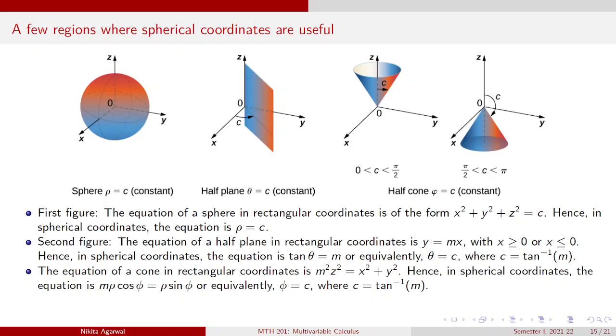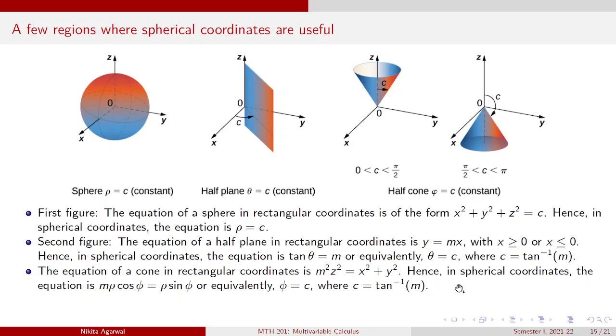Now the equation of a cone in rectangular coordinates is m square z square equal to x square plus y square. We saw it when we were talking about quadric surfaces. In spherical coordinates, z is rho cos phi and x square plus y square is rho square sine square phi. So you put everything here, and this takes you to m equal to tan phi, or phi equal to c, where c is tan inverse m.